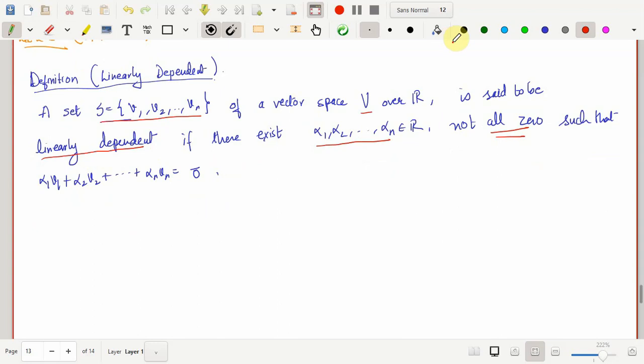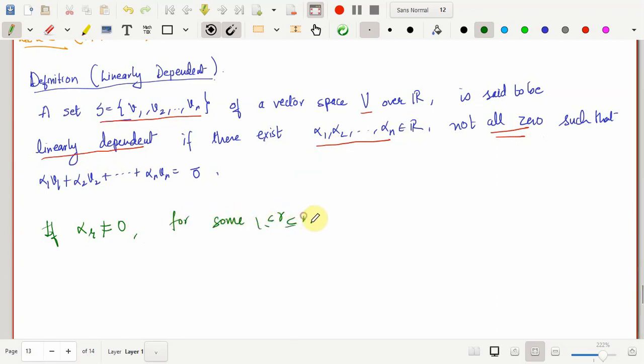One may observe that when I say there is at least one non-zero scalar such that the linear combination of those scalars with these vectors is equal to 0, I'll have at least one scalar which is non-zero. Let me call it alpha r.